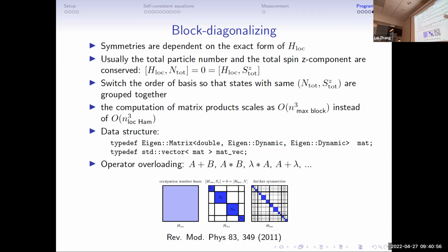So what we need to do is switch the order of the bases so that those with the same N and Sz are grouped together. After doing that, each local Hamiltonian is block diagonalized as follows, and it should be faster than before.